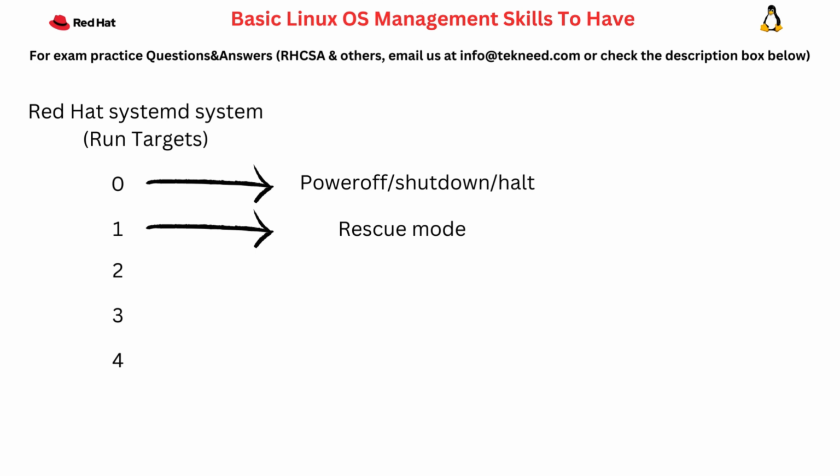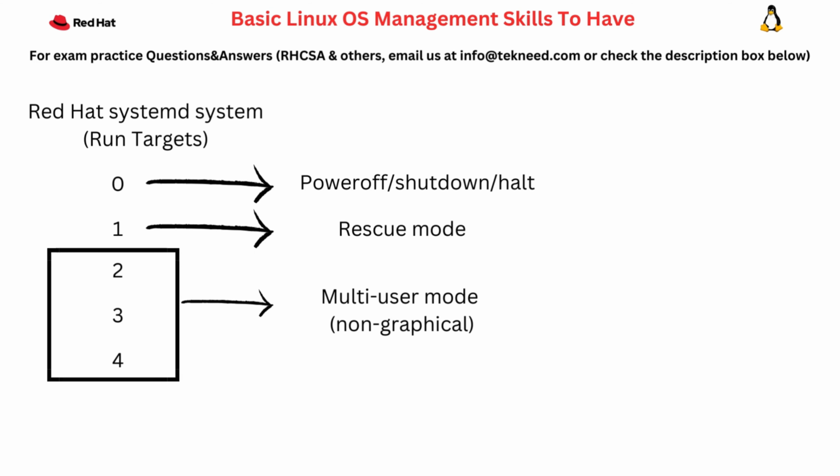These modes, that's 2, 3, and 4, are the multi-user mode, but this is non-graphical, meaning that whenever you set your system to this mode, of course, you're going to have a full system, full network. However, you're not going to have a GUI interface.